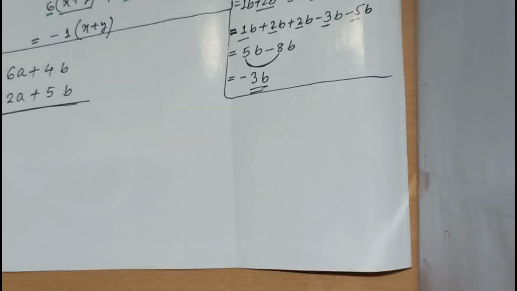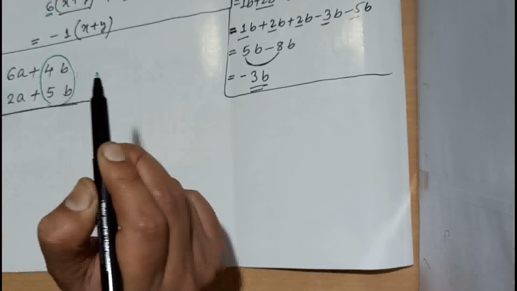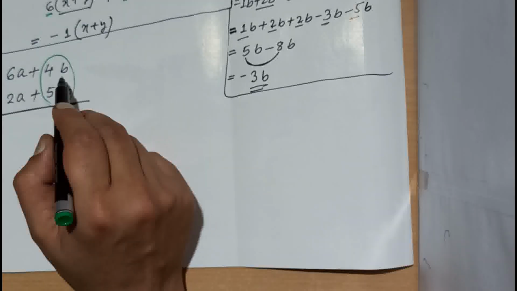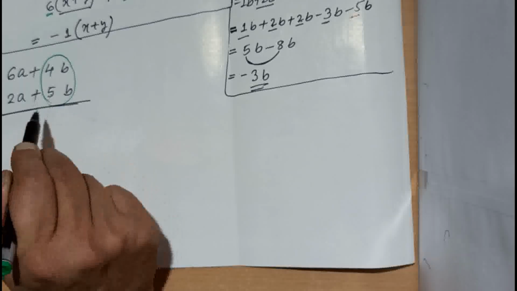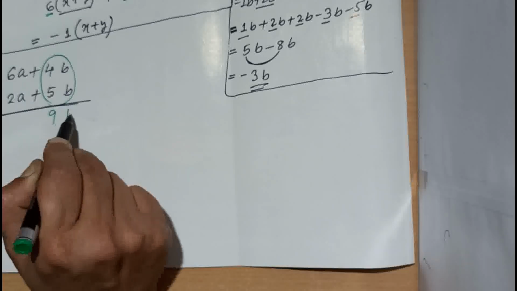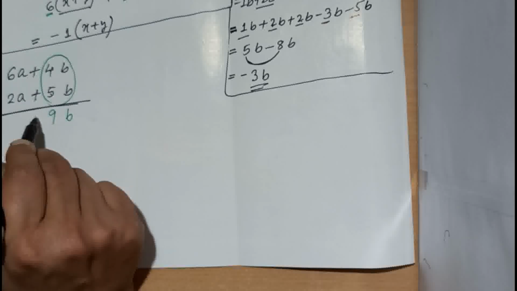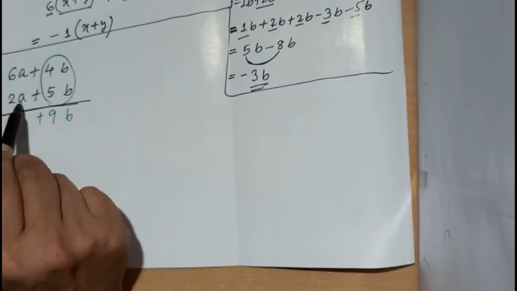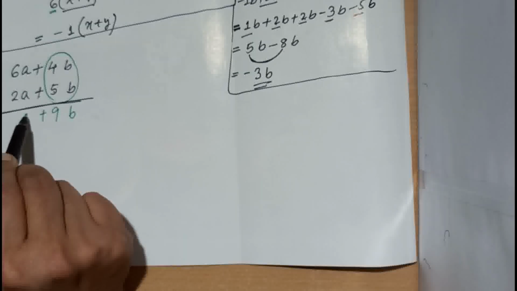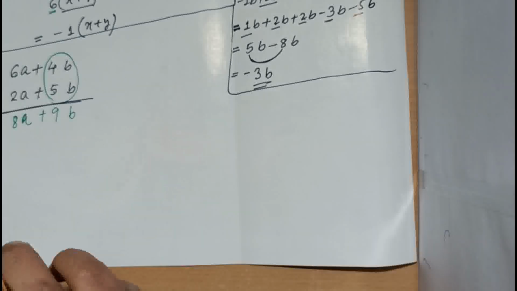You see, these two are like terms. So total will be 4 plus 5, it will give you 9b, positive 4, positive 5 will give you positive 9b. Now here a like 6 plus 2 will give you 8a. That's it.